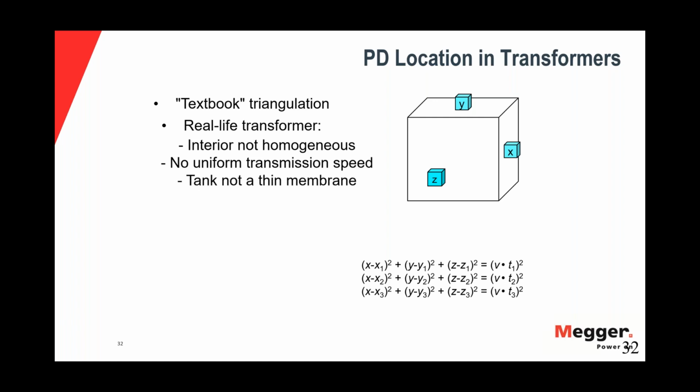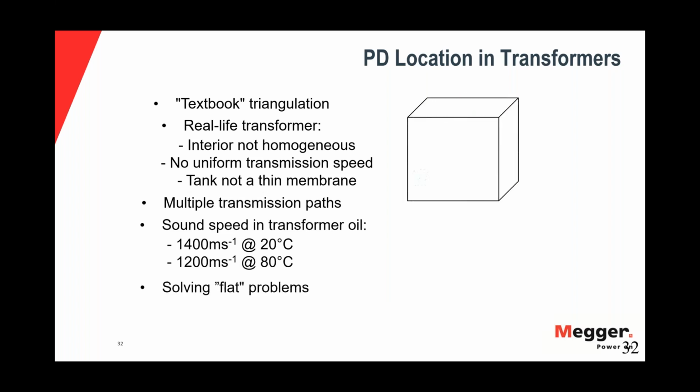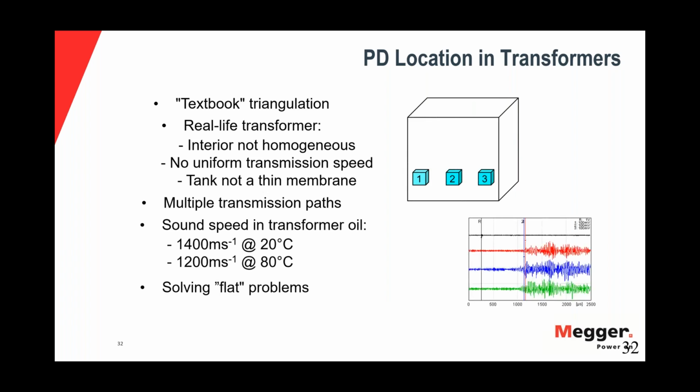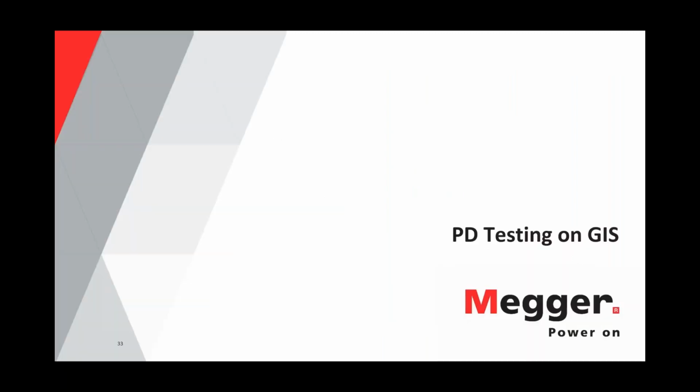Also the tank is not a thin membrane, and there are multiple transmission paths. So the sound speed in transformer oil is different from the sound speed in different locations. That's why we use various different methods, like a flat problem, putting in horizontal and vertical. That will give us a better indication of the location of the PD pulse using our software.